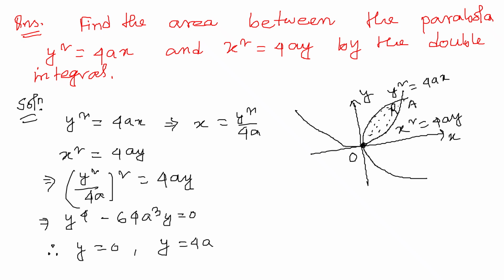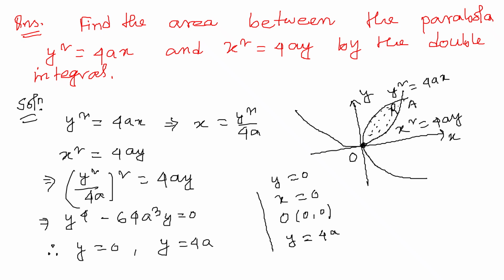If you substitute it in either parabola, you will get x equal to 0. That means when y is 0, x is 0, which is the coordinates of O, the origin. For the other one, it is y is equal to 4a.